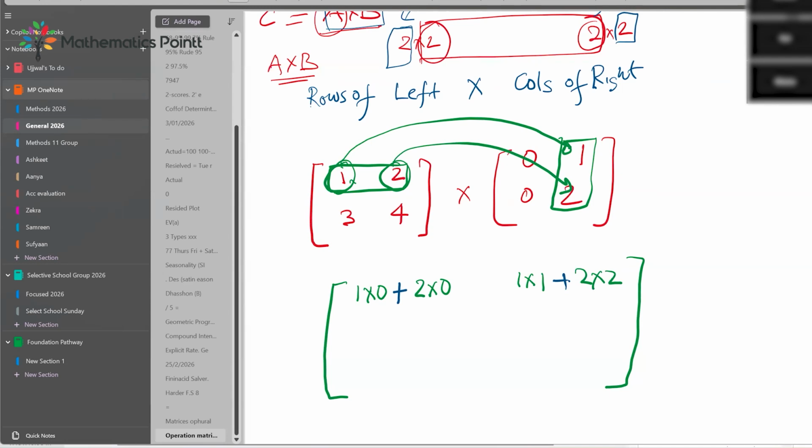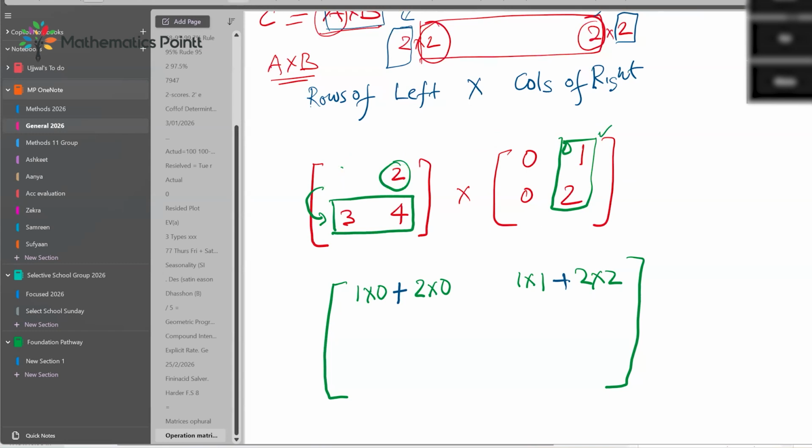Now, I have reached the end of the columns of my right matrix. What I now do is I switch the row on the left matrix and I come here. And this was 1 and 2.